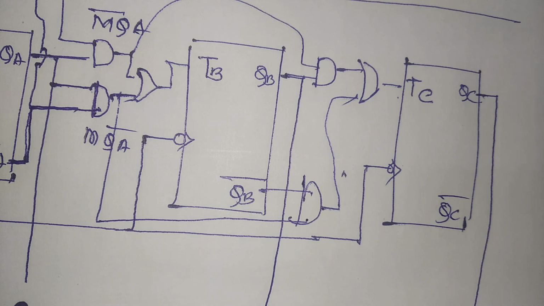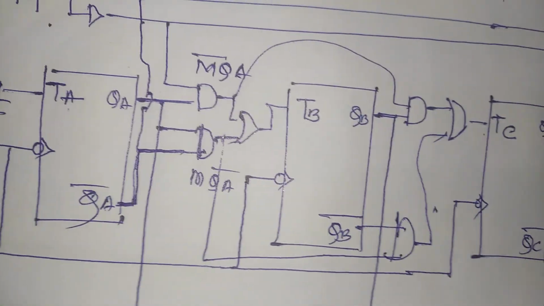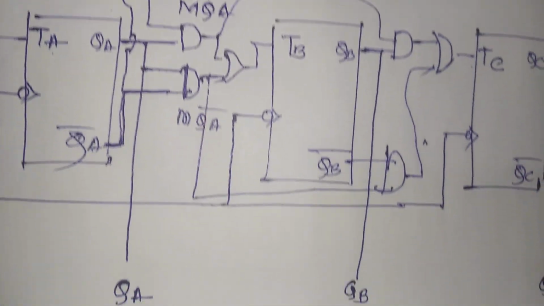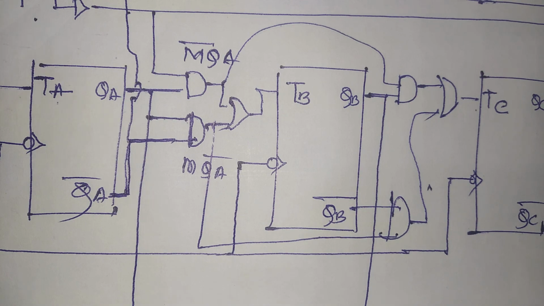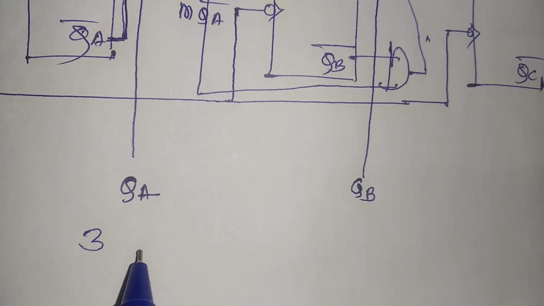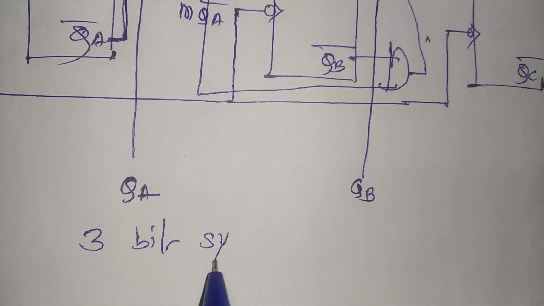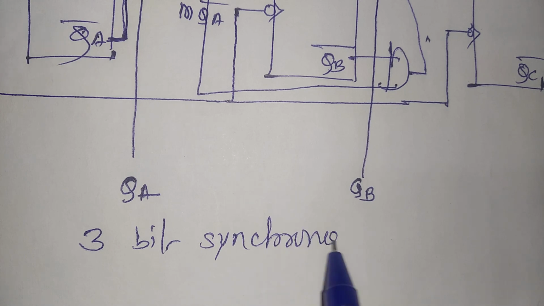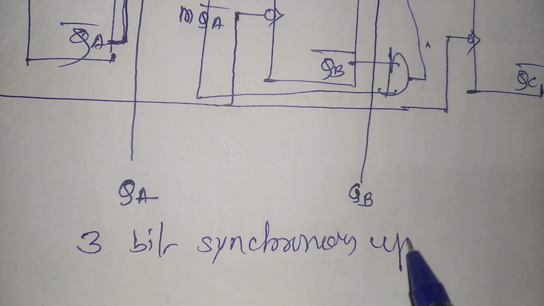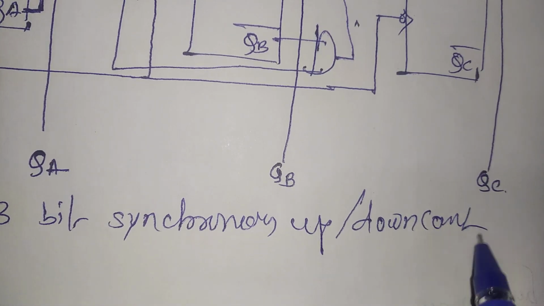So, in this way we are forming the inputs for TA, TB and TC. So, this is your 3-bit synchronous up/down counter using T flip flop.